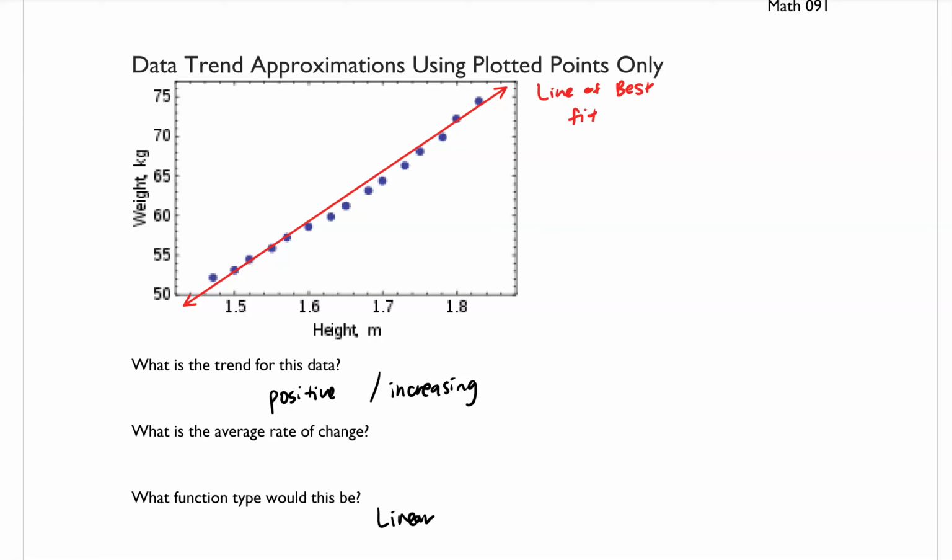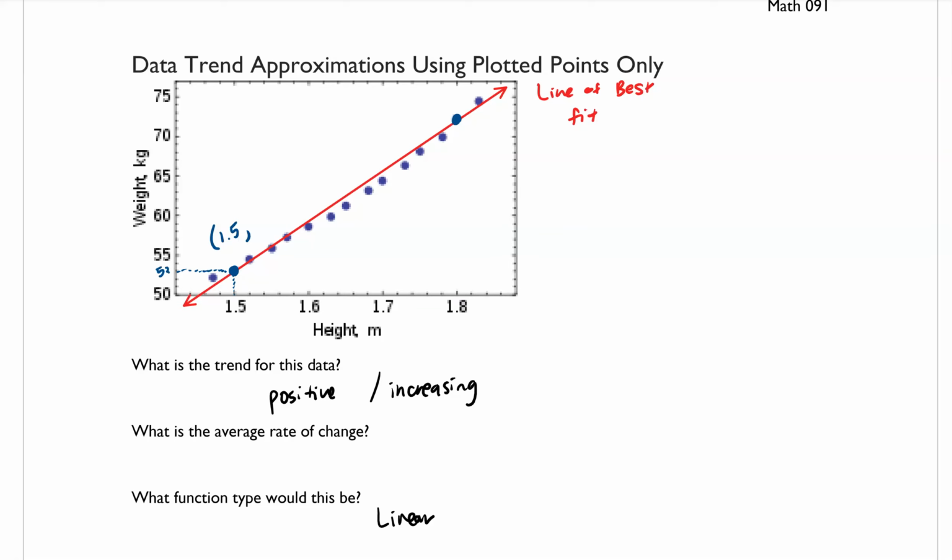And I'm going to choose 2 points on the line to calculate the average rate of change. So I'm going to use this point right here and this point right here. So the first point that I've highlighted, I want to write an ordered pair for it. It's nice that the first coordinate looks like about 1.5, and then the second coordinate, let's see, it looks like it's starting at 50, 51, 52.